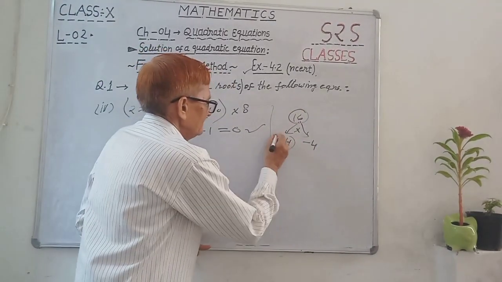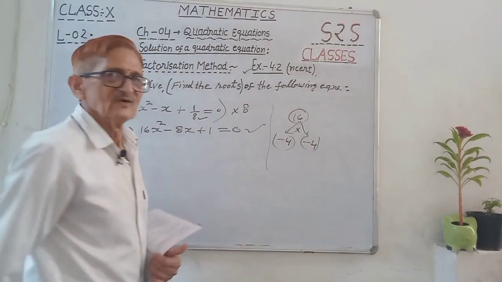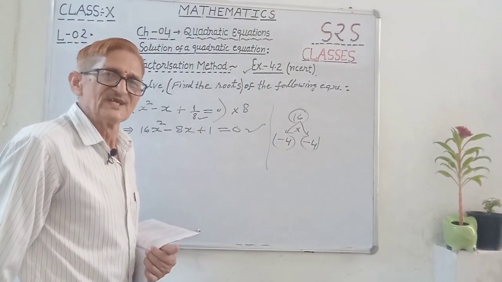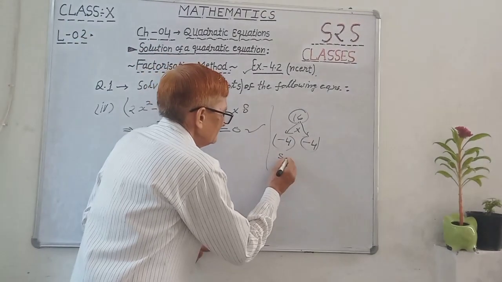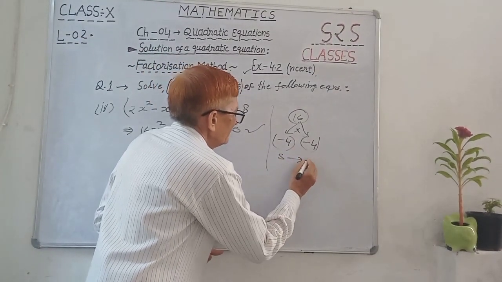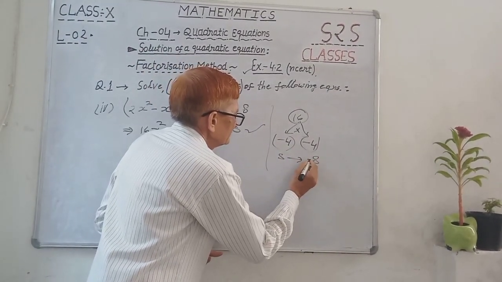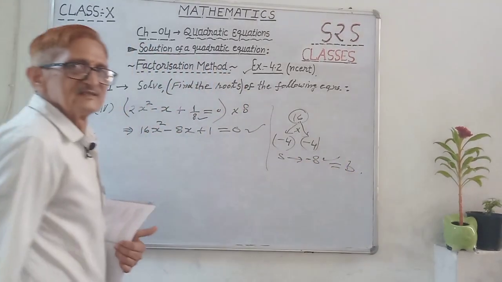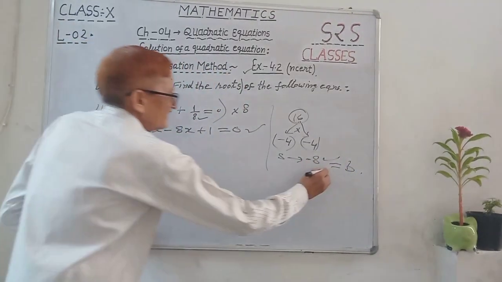These two factors have product 16 and sum minus 4 minus 8, which is equal to b. This is the standard thing.